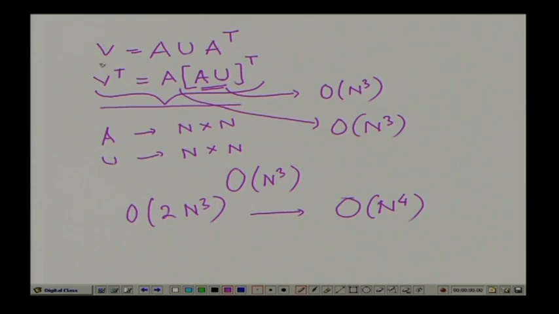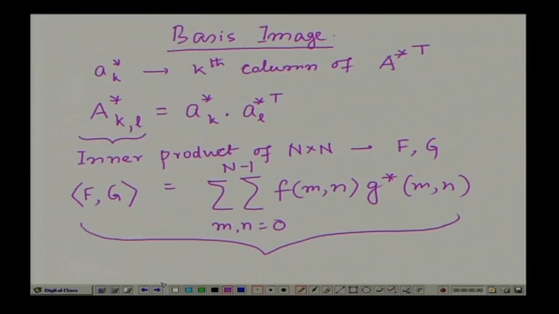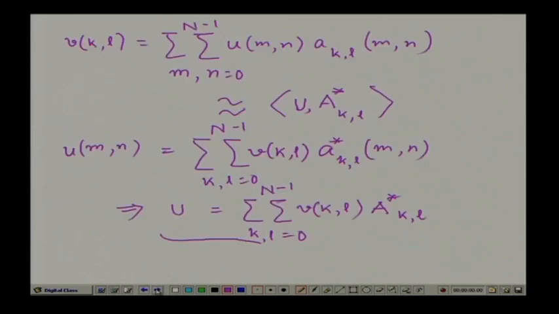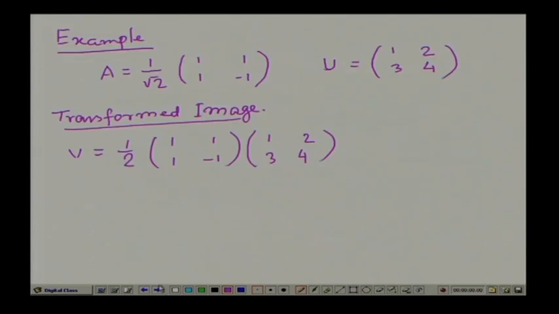When we computed V, we had computed V equal to A U A transpose. So, by using that, we have A U, then A transpose, and by the nature of this transformation matrix A, A transpose is nothing but the same as A. So, you will have 1, 1, 1, minus 1.